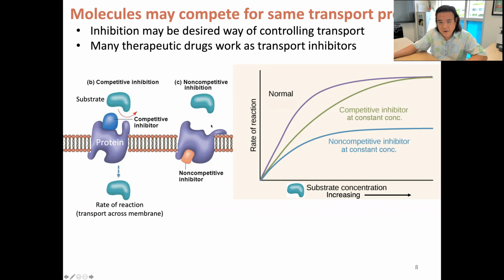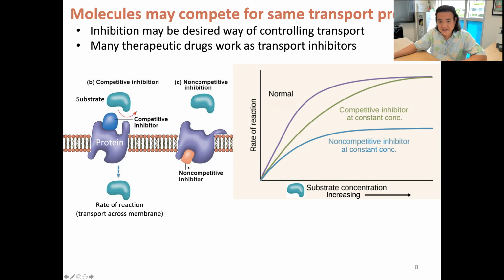And then this upper binding surface up here is no longer the ideal shape to bind the substrate. So this blue thing, if it came down, would still fit there, but you can see this part of the transport protein has changed its shape, so it no longer stably hangs onto the substrate.